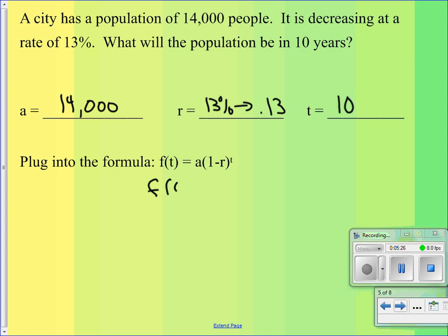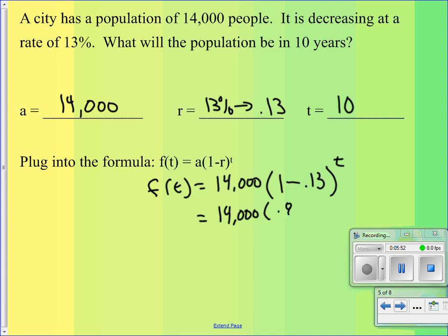So f of t is going to equal 14,000, our initial population, times the quantity 1 minus 0.13, subtraction because it is a decay, raised to the t power. I'm just writing the function now. So 14,000 times, simplify 1 minus 0.13, 0.87, raised to the t.